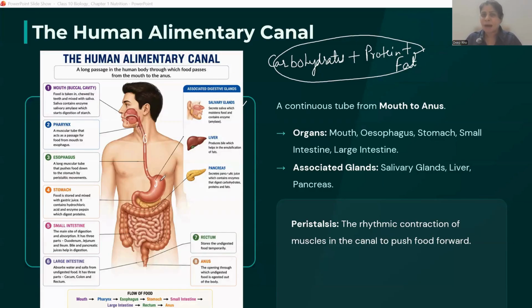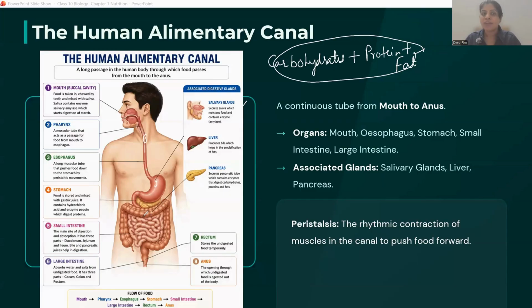When the liver secretes bile, there is temporary storage in the gallbladder, only for some time. When it is required, it is poured into the small intestine.